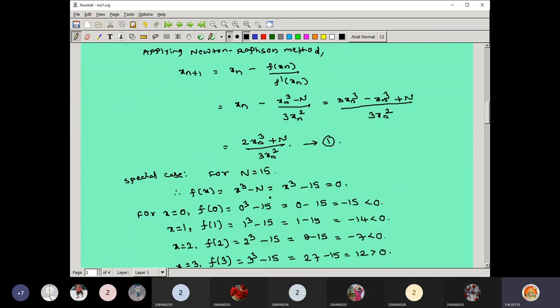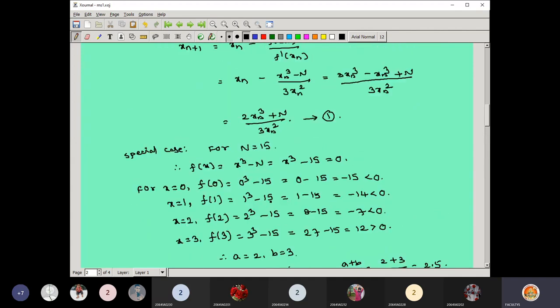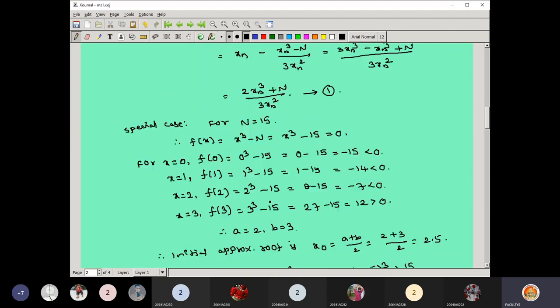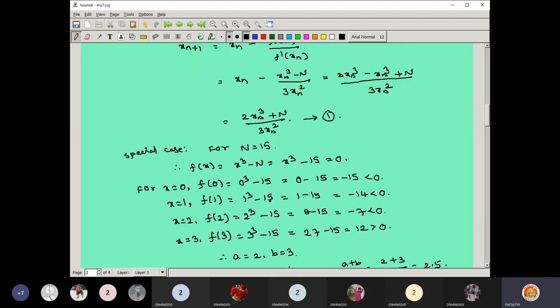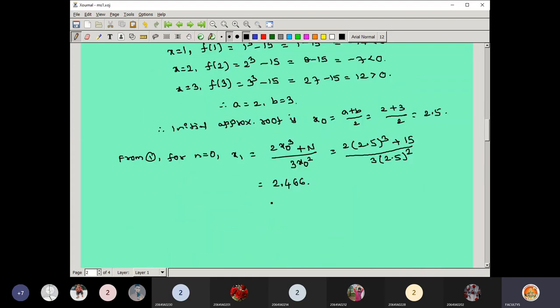Using that formula, I am taking a special case for n equal to 15. After getting the a and b values, directly substituting in the formula, you get the answer 2.466. This formula can be used to find any cube root of any number.